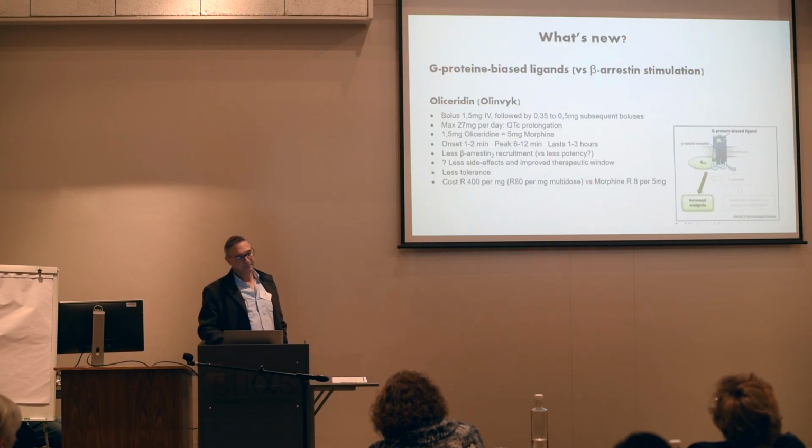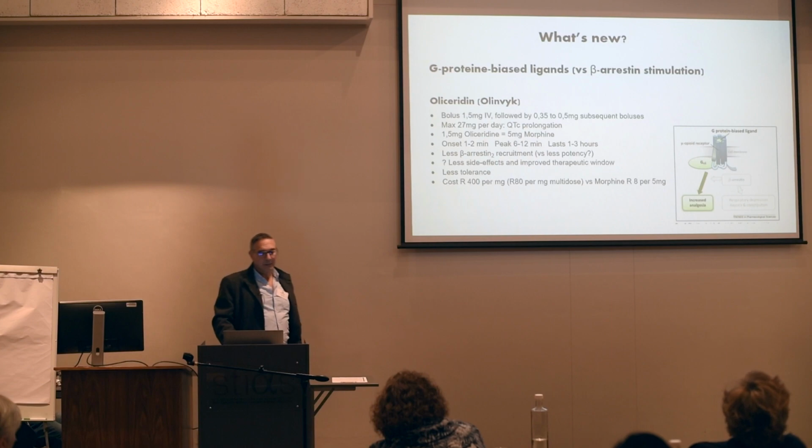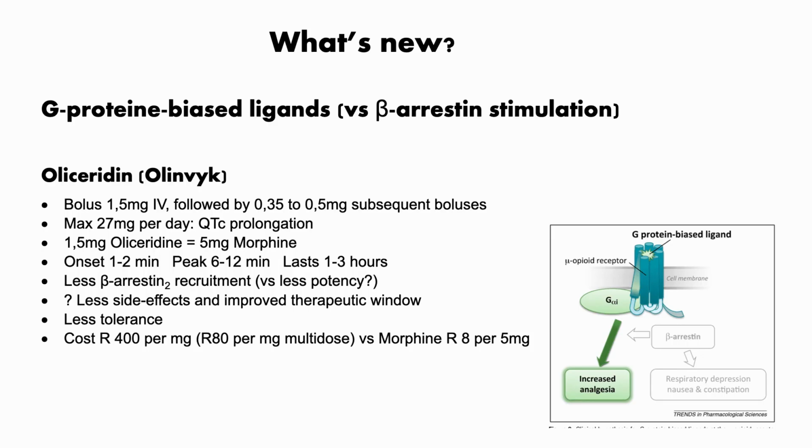So what's new? At the end of 2020, this new opiate was registered by the FDA. It differs from the other ones in the sense that if you look at the secondary intracellular mechanisms that happen when you bind at the G protein receptor, there are polypeptides called arrestins that come into play.